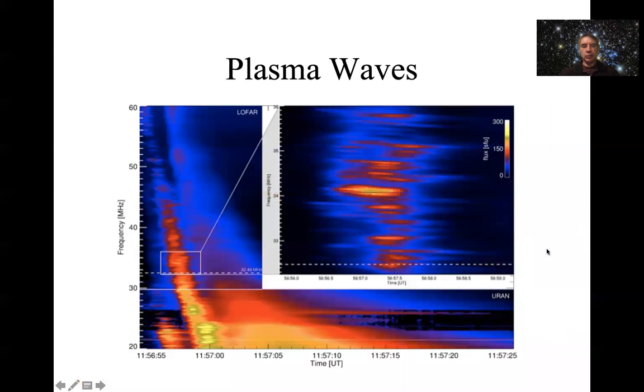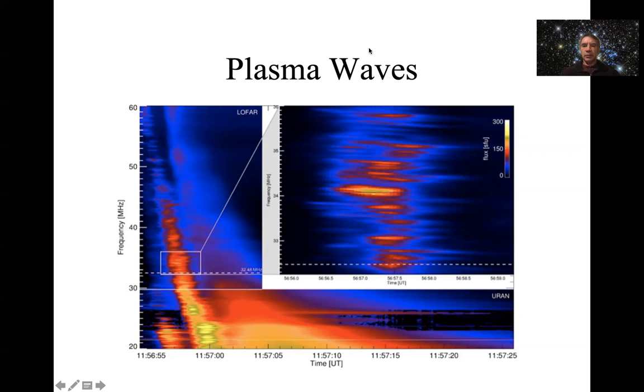And it gets more complex. Here's a zoom in at very high time and frequency resolution with LOFAR. You can see in the inset some of the real detailed structure in here, and this is not really noise. The idea is that what we're seeing here are particular frequencies being picked out to do with wave phenomena in the plasma.